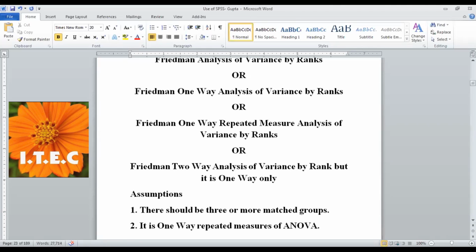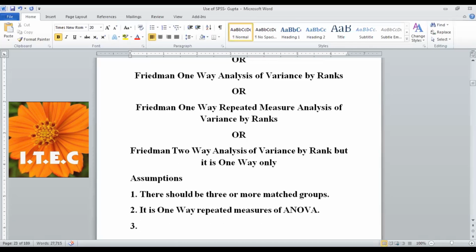So minimum there must be three treatments, and these are not independent groups. It is only one group of people.